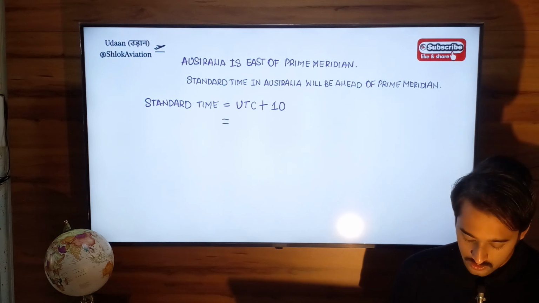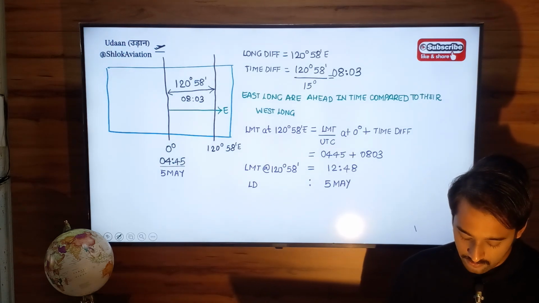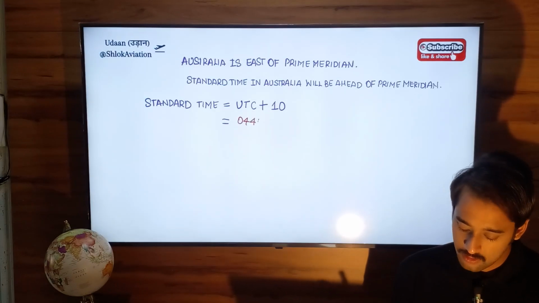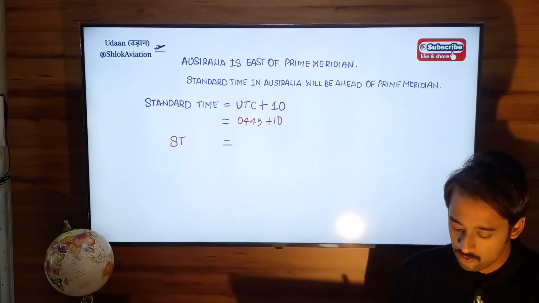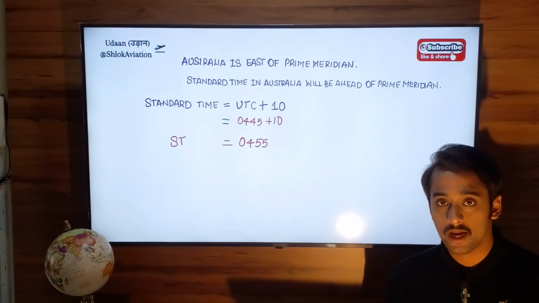UTC time at the time of landing is 0445. 0445 plus 10, so standard time will be equal to 0455, 4:55 in the morning.